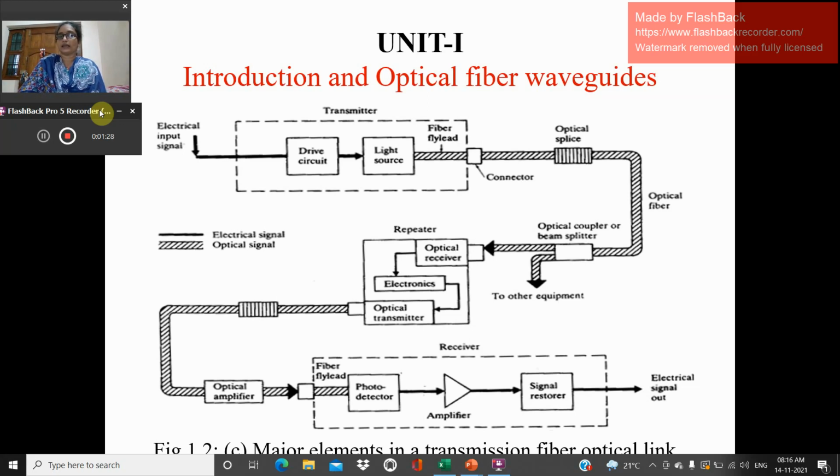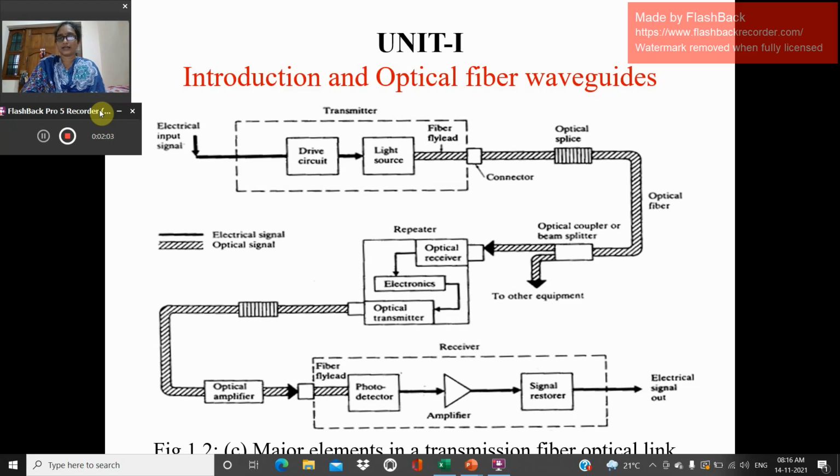The dark, thickest black line indicates the passage of the electrical signal, and the slanted lines, fiber pigtail, and optical splice all represent the flow of the optical signal. A dark black line indicates the flow of an electrical signal, and a slanted line indicates the optical fiber.